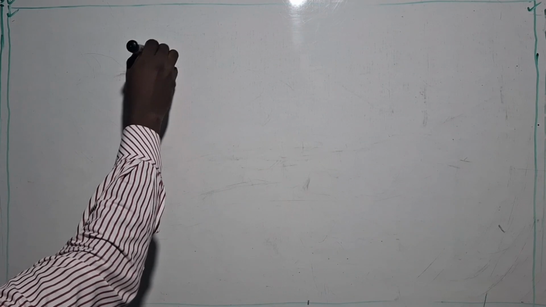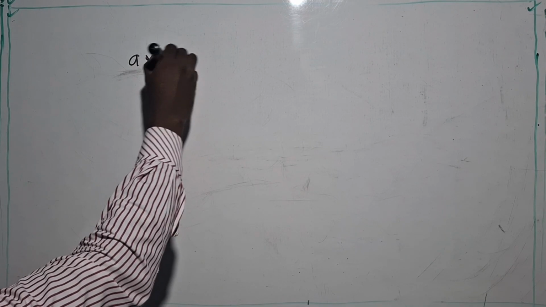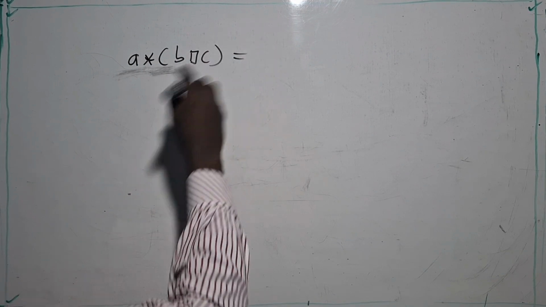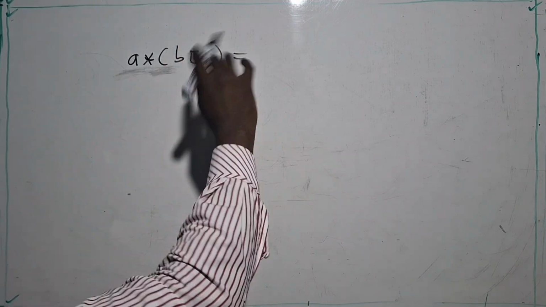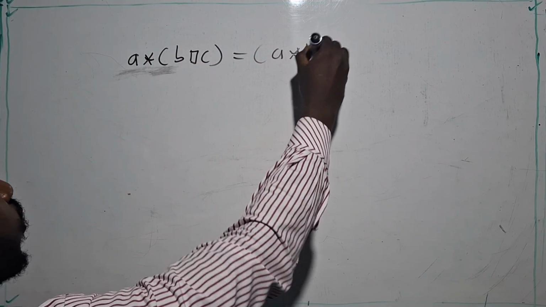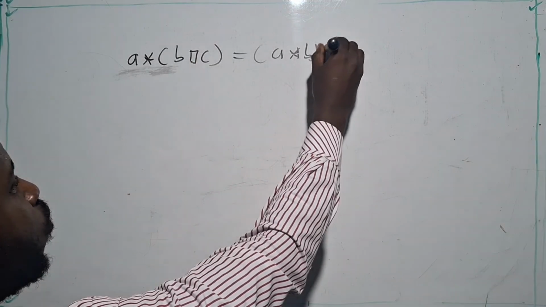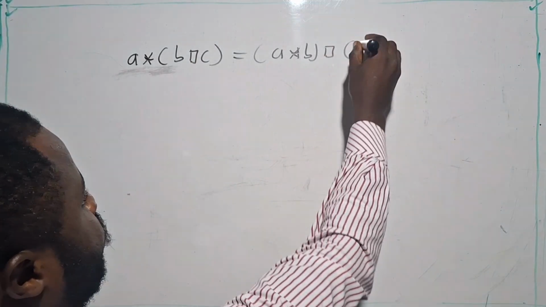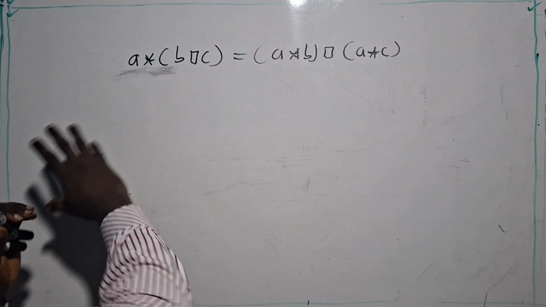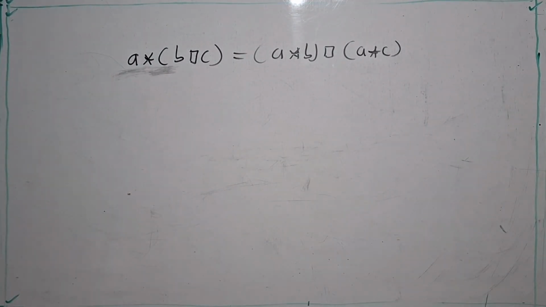So let's say we have A operation (B operation C) should be the same as (A operation B) with the second operation combined with (A operation C). So this is what the distributive property says.